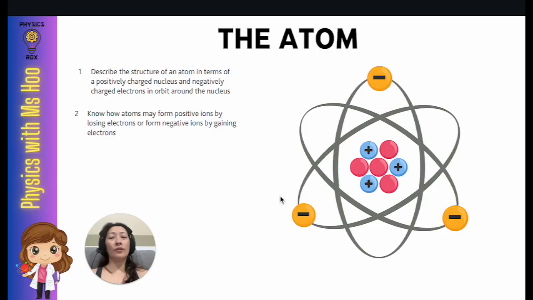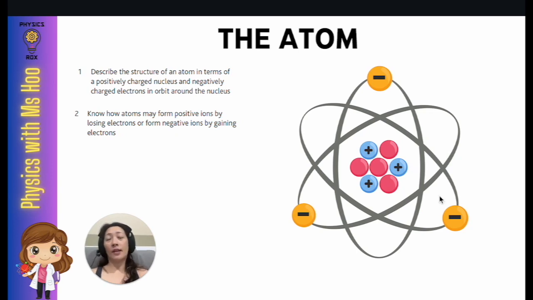First of all, we need to know about the atom. This is a very basic topic that is covered in chemistry, and even if you don't take chemistry, you should have learned this anyway during Key Stage 3. You need to know the structure of an atom in terms of its positively charged nucleus and that the electrons are in orbit around the nucleus.